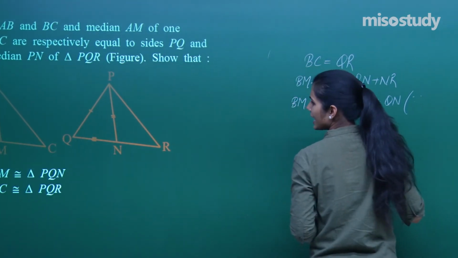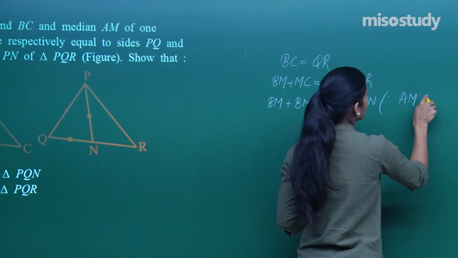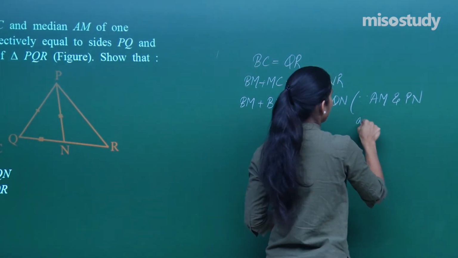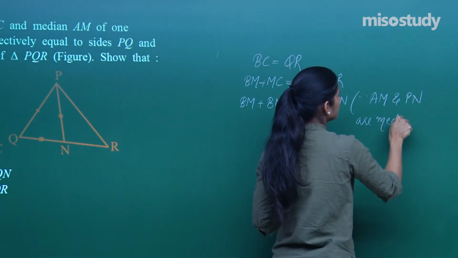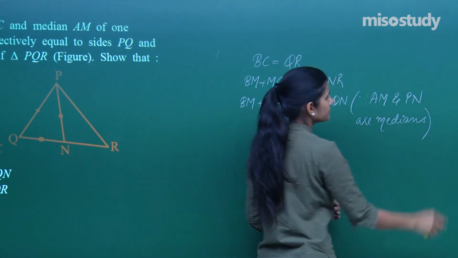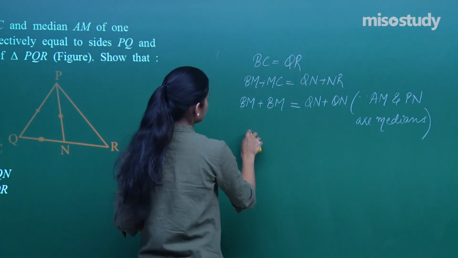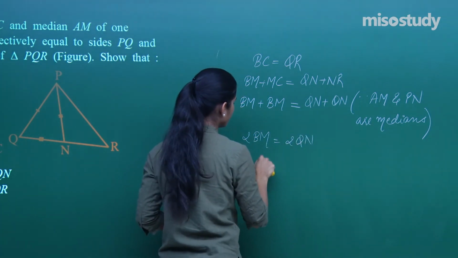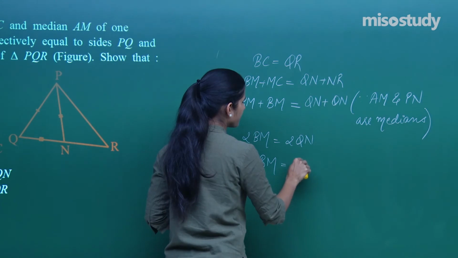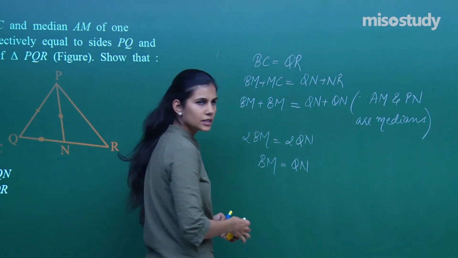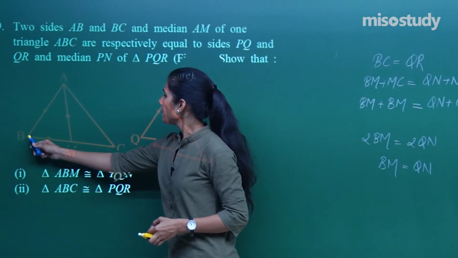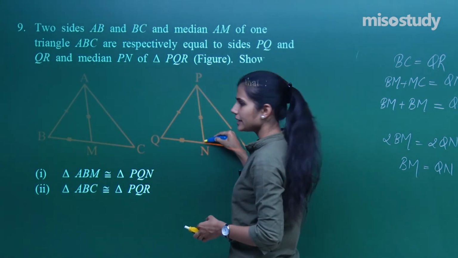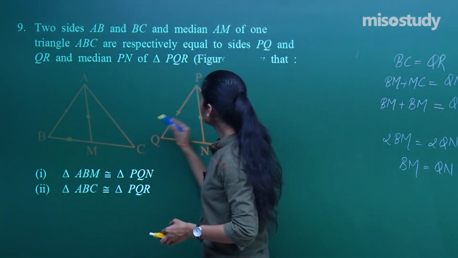Since AM and PN are medians, this means 2 times BM is the same as 2 times QN, or I can say BM is the same as QN. So, now I have BM is the same as QN, AM is the same as PN already given, and AB is the same as PQ.